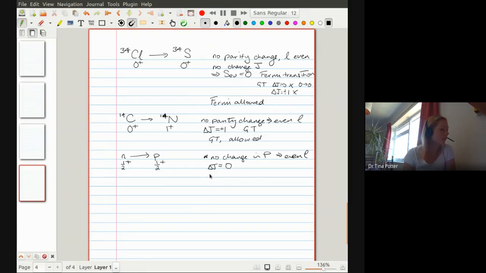We can have Fermi allowed, and we can have Gamow-Teller allowed as well, because we're not in the 0 to 0 state. Yeah, it's a non-zero value of J we can have. And actually, this could be super allowed.